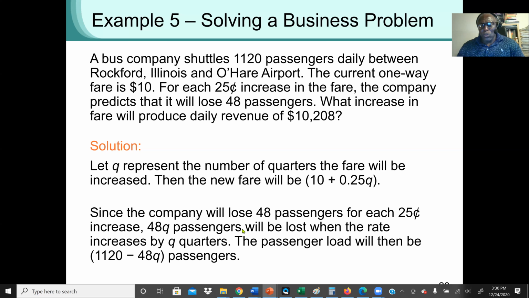Now, since the company will lose 48 passengers for each 25-cent increase, we are going to have 48Q lost when the fare is increased by Q quarters. Now, the passenger load will then be 1120. Remember, 1120 is the total the bus company shuttles daily, so that's the total. So it will be 1120 minus 48Q passengers.